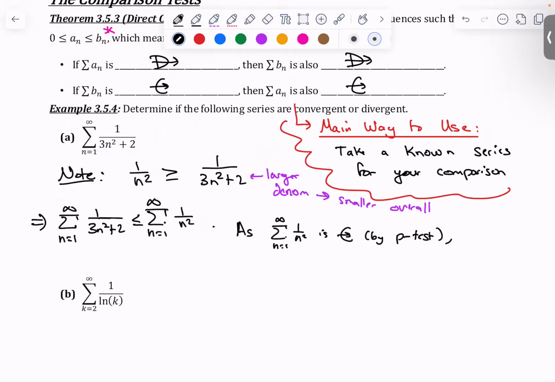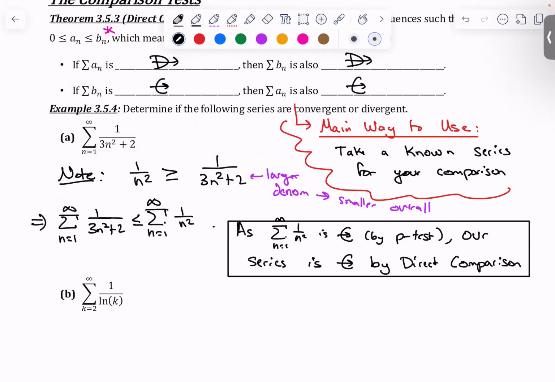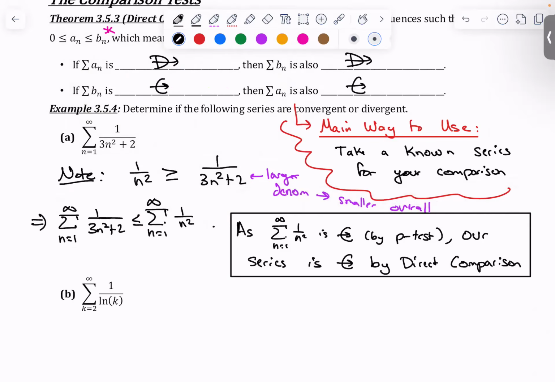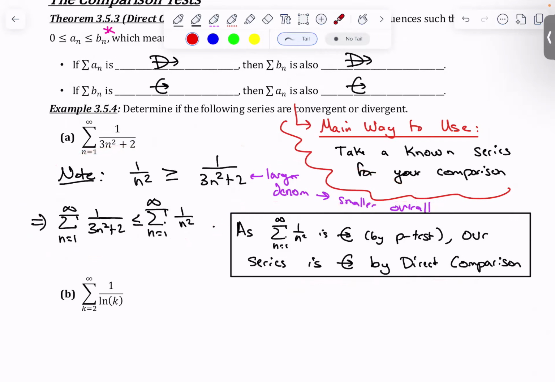So our series is convergent by direct comparison. So that is our answer. This was our work. This is our answer that we box in.